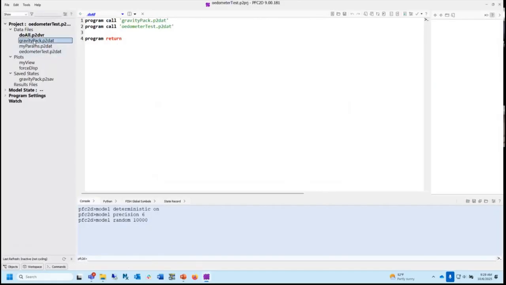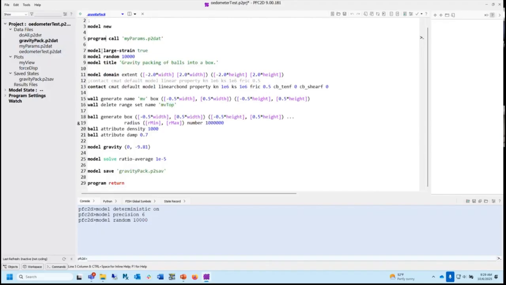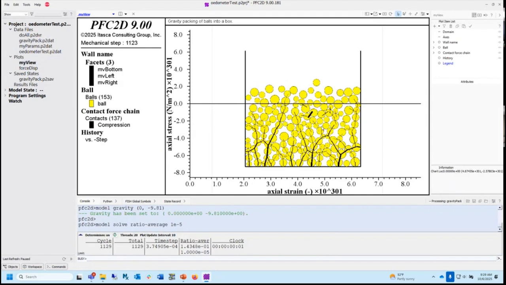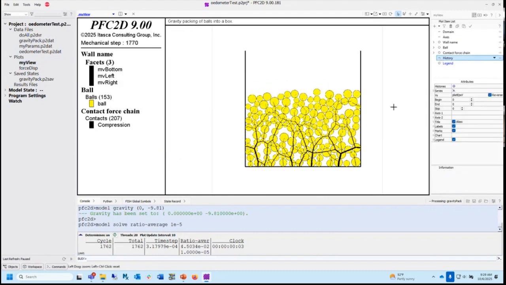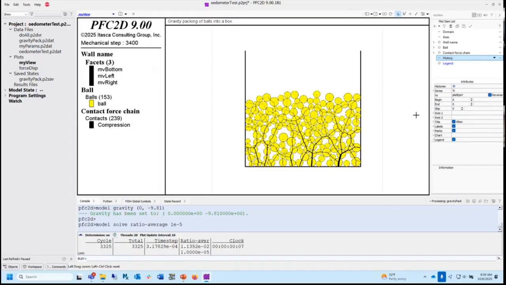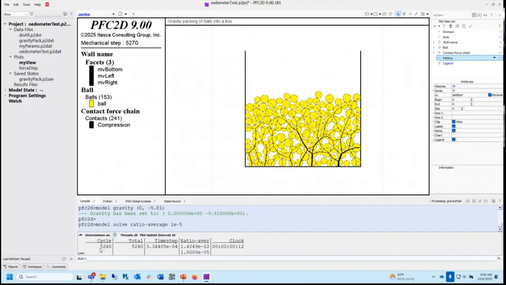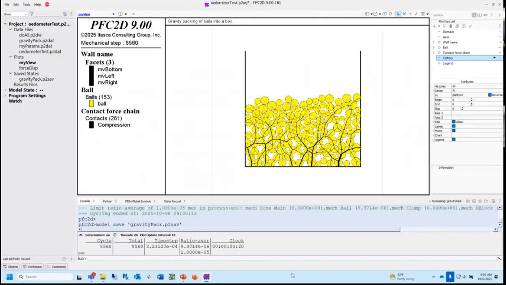So let's look at the gravity pack and let's just run this thing to see if we can remember what we did here. We took a cloud of particles, we generated them, and we have gravity on, and now we're just letting them settle. And we're doing the solve ratio average till we get to 1e to the minus 5, which should be static equilibrium.